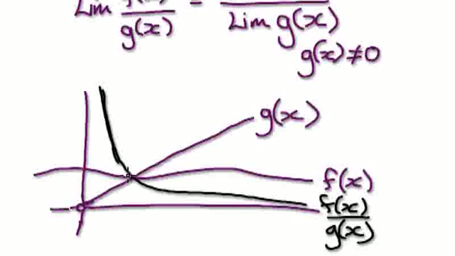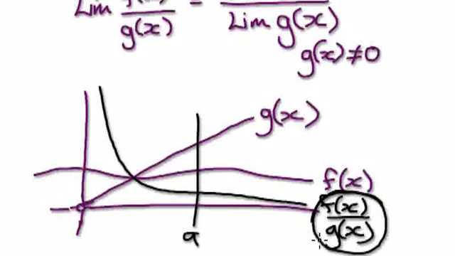Now let's just say this is a here. If you're trying to find out the limit of this here, you can just get the limit of f of x divided by the limit of g of x, and that will also give you this point here. Yeah, I guess you've got to use your gut feeling on this one.